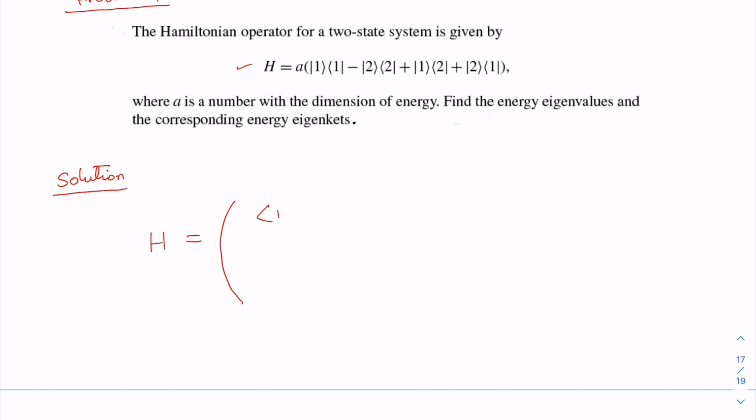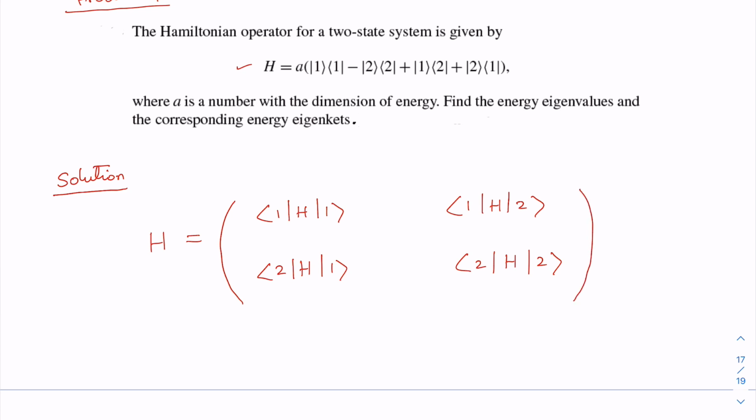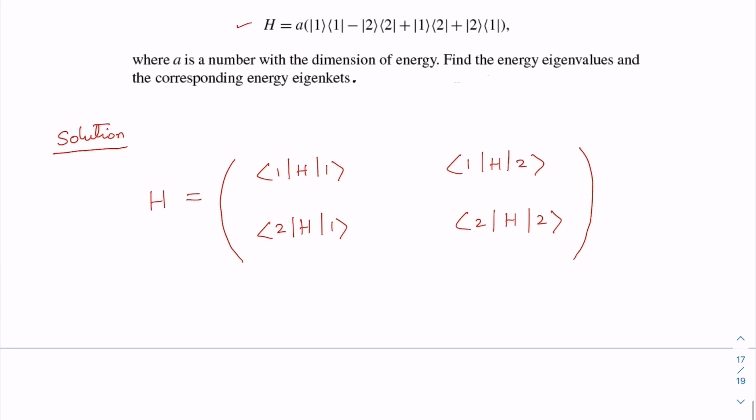So let me write here. First one would be <1|H|1>, <1|H|2>, <2|H|1>, <2|H|2>. Okay, now you can very easily work out these elements.